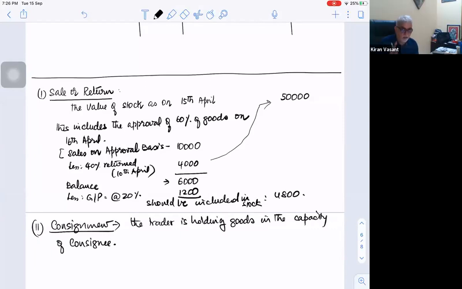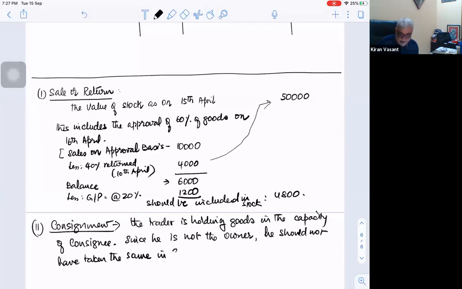Okay. Now I come to consignment also. The trader is holding the goods in the capacity of the consignee. Since he is not the owner, he should not have taken the same in closing stock. Therefore, we reduce it from closing stock.